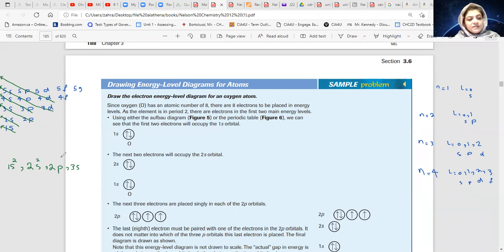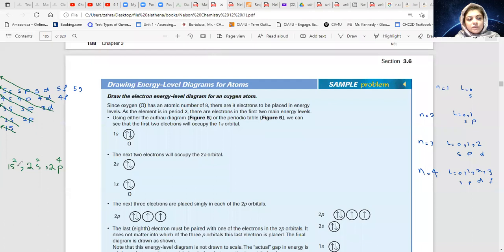And for p, we have 6 electrons, right? 6, 7, 8, 9, 10. Okay, so it's extra. So how many electrons should be in the p orbital here? Make it 8 electrons because oxygen is 8. So it's going to be 4 plus 4, right? I just need to erase that, but I need to write an energy level.